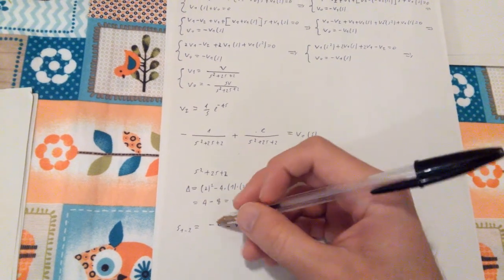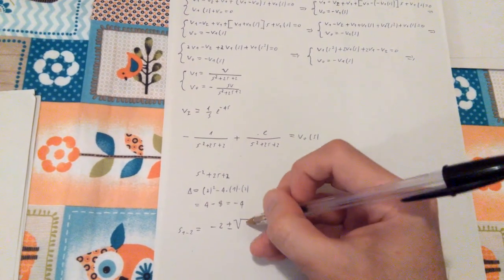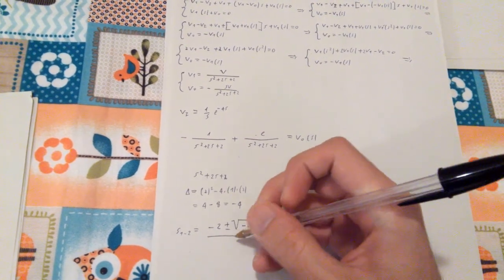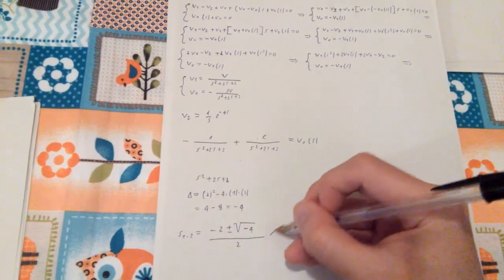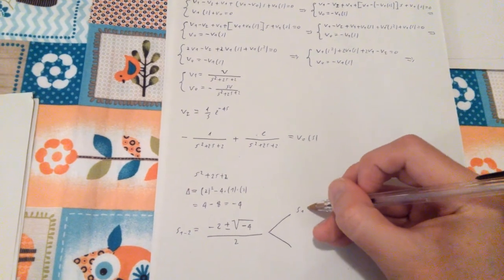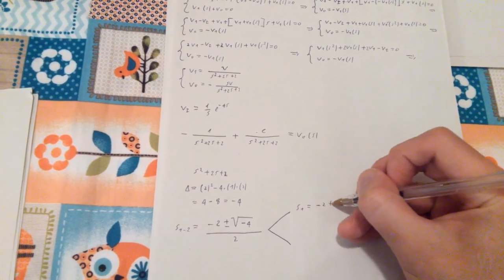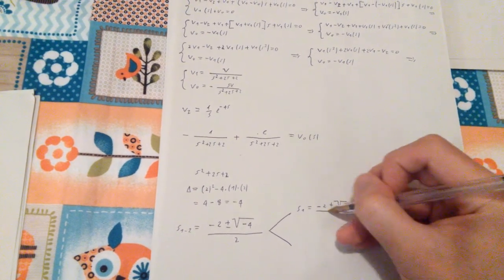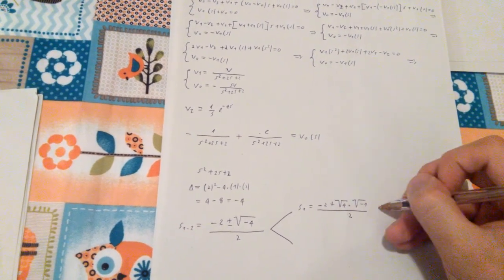So we have negative b plus minus the square root of negative 4, over 2, which will give us s1 equal to negative 2 plus square root of 4 times square root of negative 1, over 2.